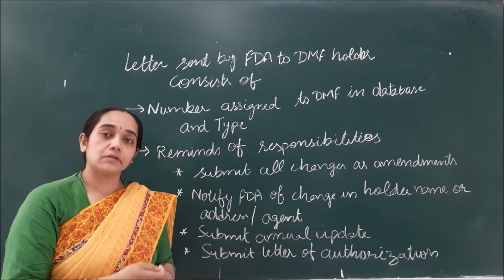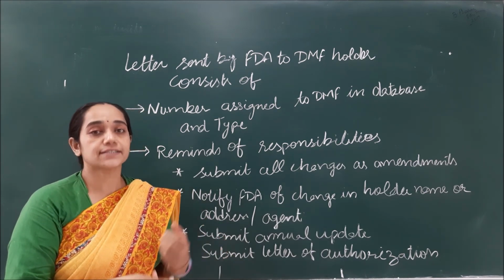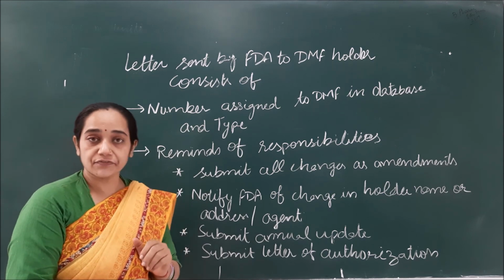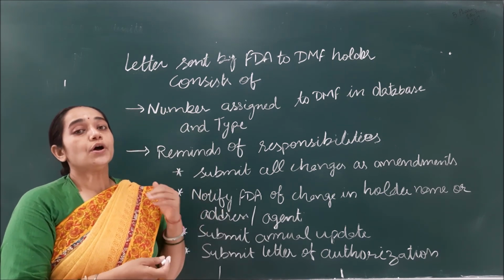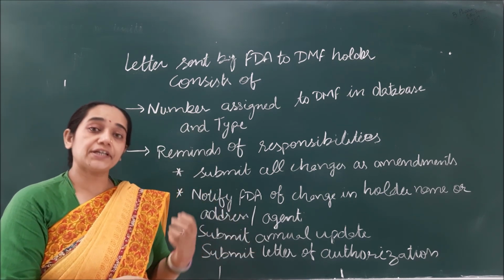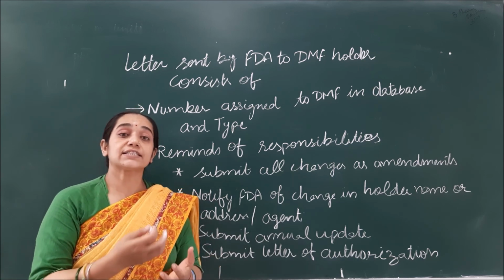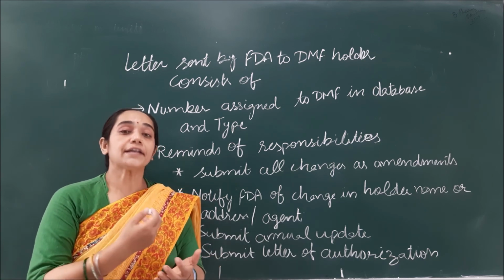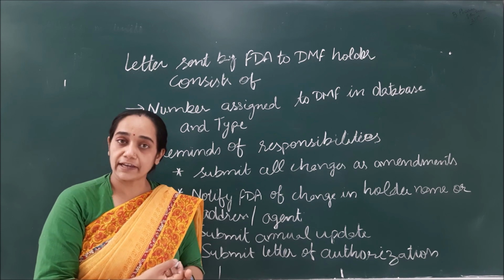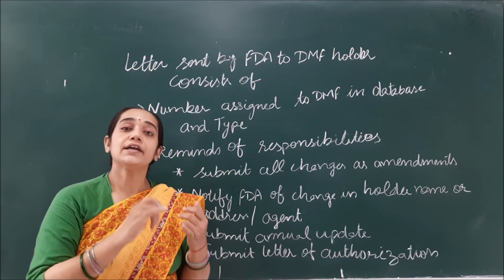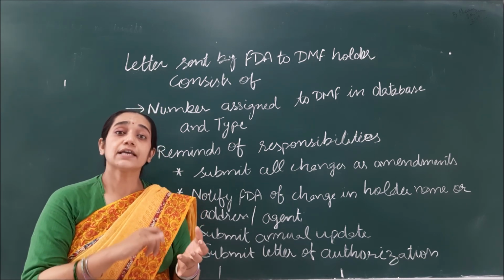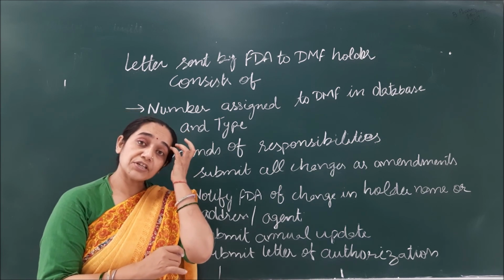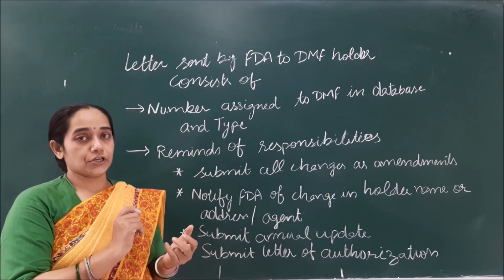Now, as the holder or the agent has submitted the drug master file to the FDA, the FDA has received it and will assign a specific number and type to this drug master file, as the FDA has received the letter of transmittal as well as authorization information and technical information.